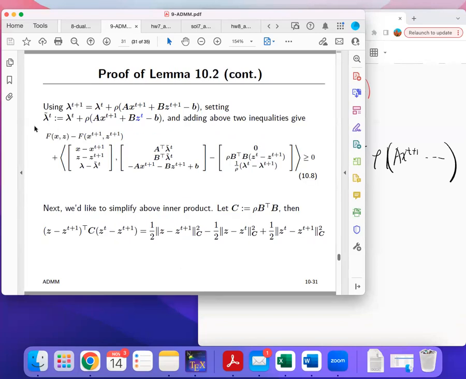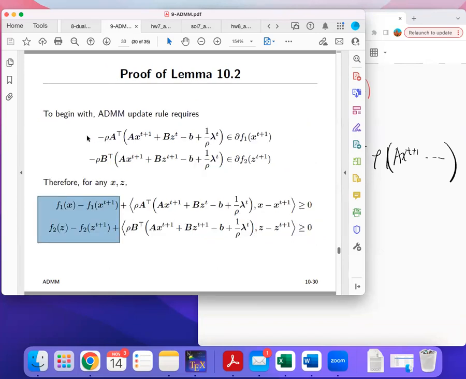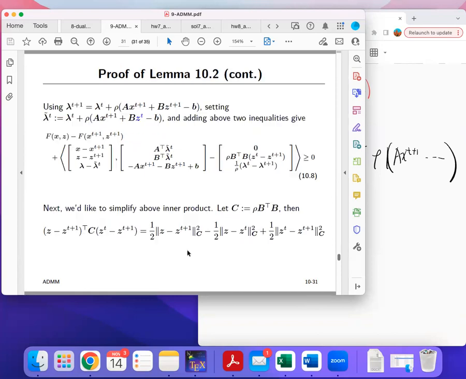So that is what we have here. Okay. And then for these two inner product terms, again, we will need to sum them up, but you can check that by summing them up, it is equivalent to this big inner product.